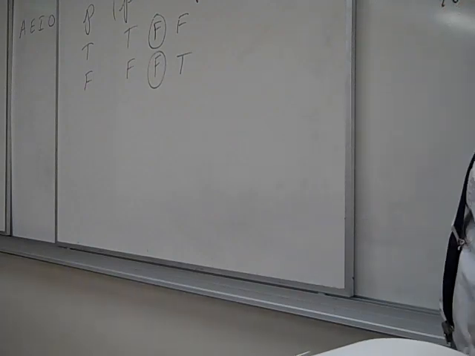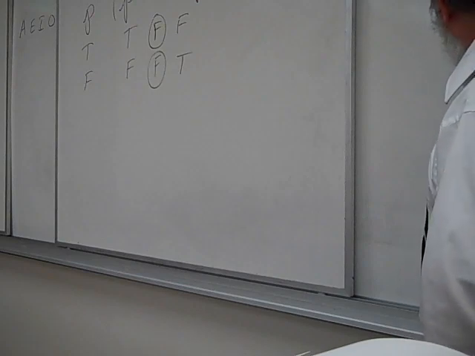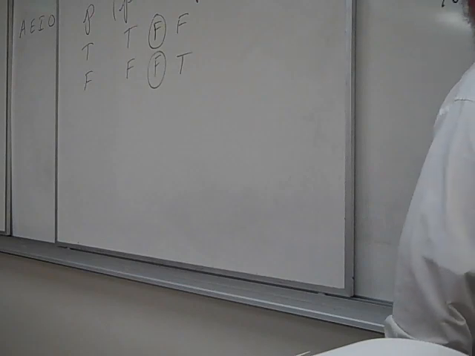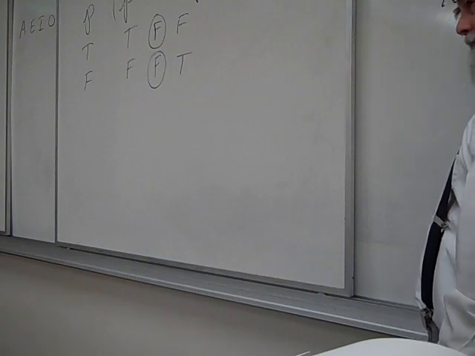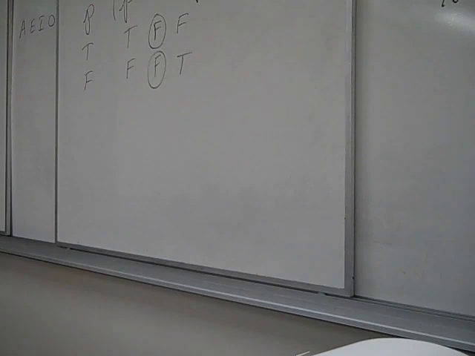But in this one, it's saying it's not the case that I either have P or Q. So I don't have either of them. And so when you look at the equivalent statement, it says it's not the case that I have P, and it's not the case that I have Q. Right? So I don't have either of them. This says I don't have both of them. I might have one or the other. I just don't have both.